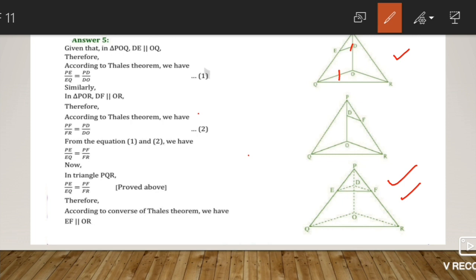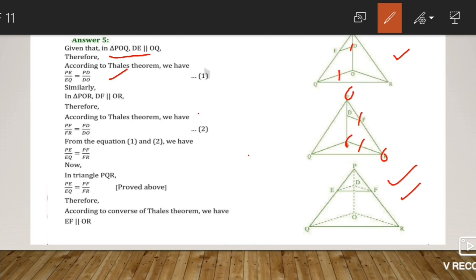So given that in triangle POQ, DE is parallel to OQ. Okay, so by BPT theorem for this triangle, you can say that PE by EQ is equals to PD by DO, equation number 1. Again, if you take this triangle POR, this DF is parallel to this OR.